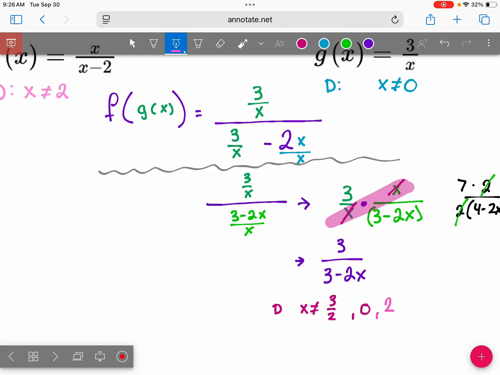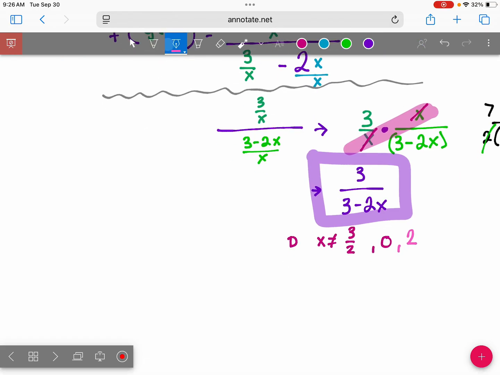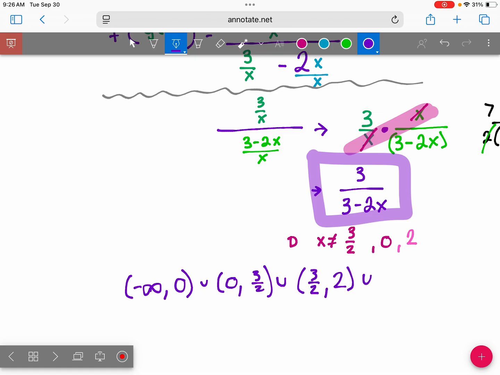So our domain of our f of g of x, because this is our composed function, is going to be from negative infinity up to 0. We've got to skip over 0. And then we'll get to 3 halves, skipping over 3 halves to get to 2, a very small interval, skipping over 2 to get all the way out to forever.